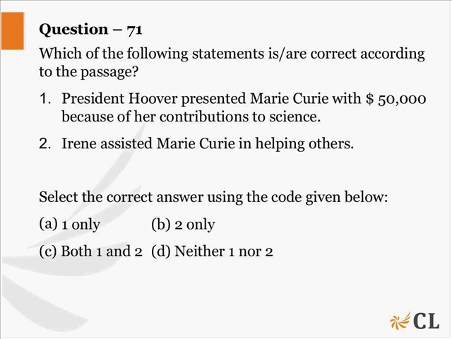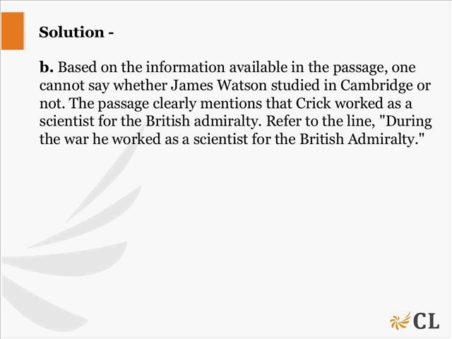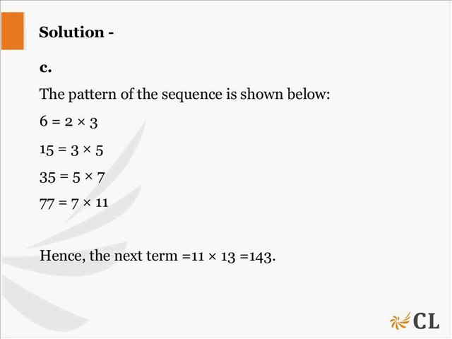E minus means wife. Wife of P is CA. Okay.